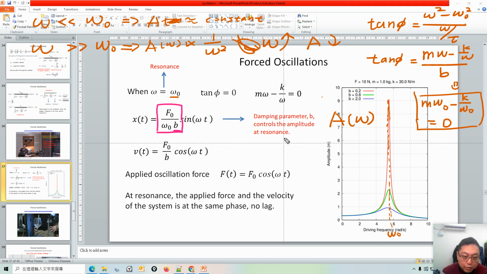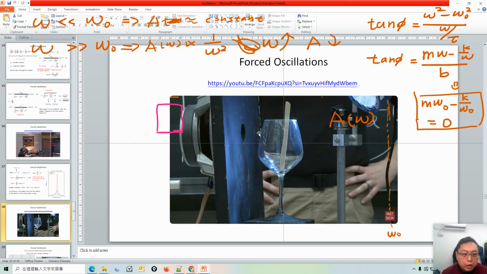So this is very interesting, and resonance happens in every aspect of science and engineering. It happens a lot. The next slide introduces some examples. This is an example from MIT. They do an experiment.